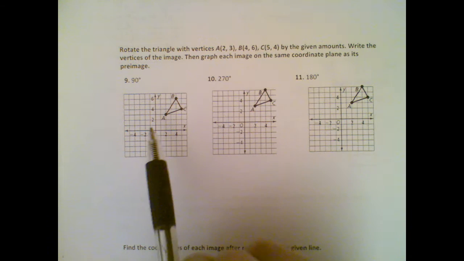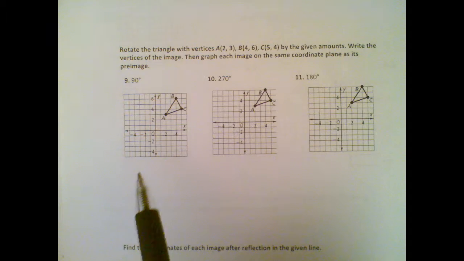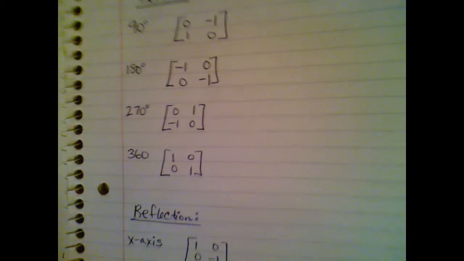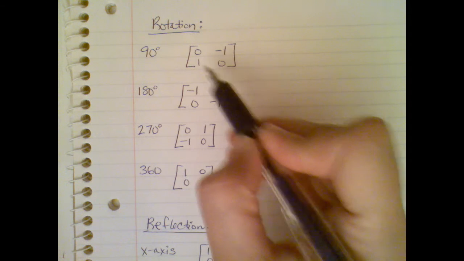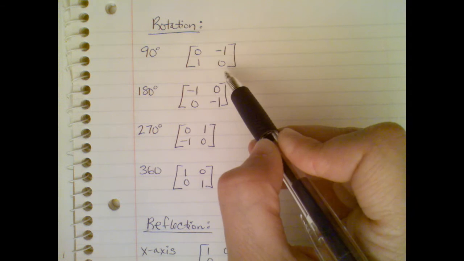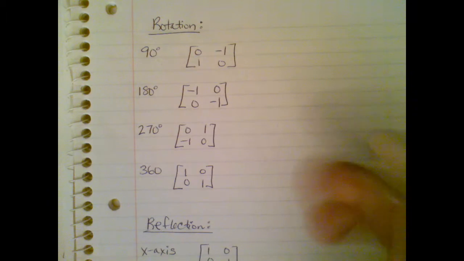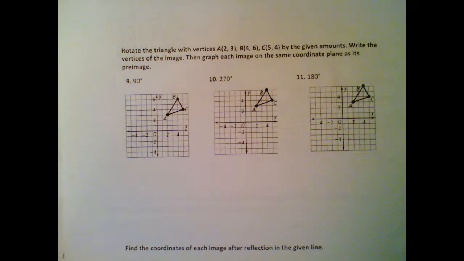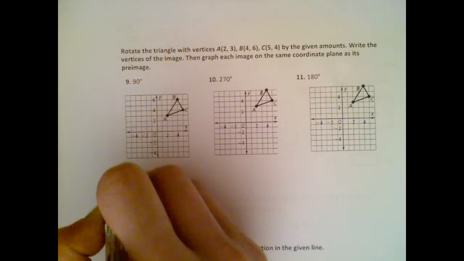For this one, we're rotating it 90 degrees, so we're going to use this matrix right here: 0, negative 1, 1, 0. And again, you don't need to have these memorized. Since we're rotating at 90 degrees, we want to use this matrix. That's going to be the matrix that we're using.